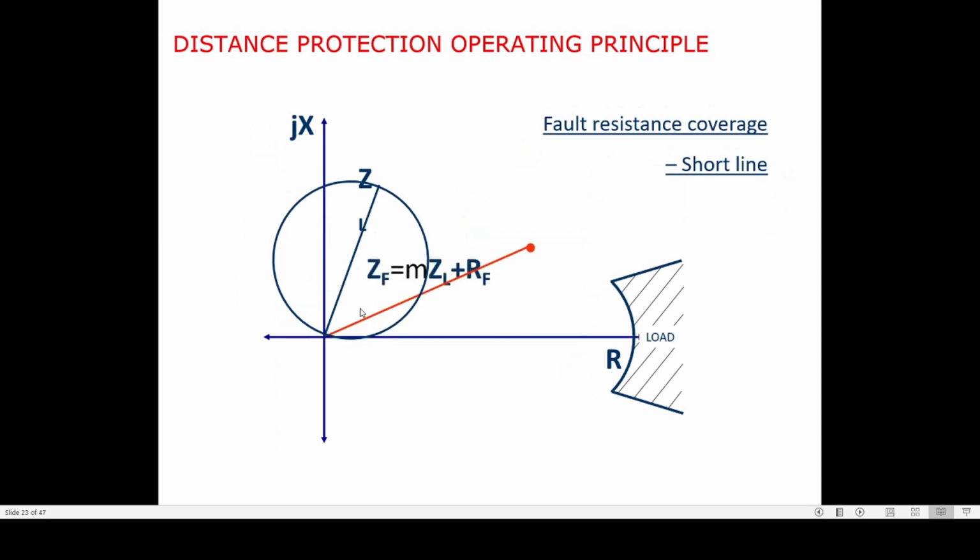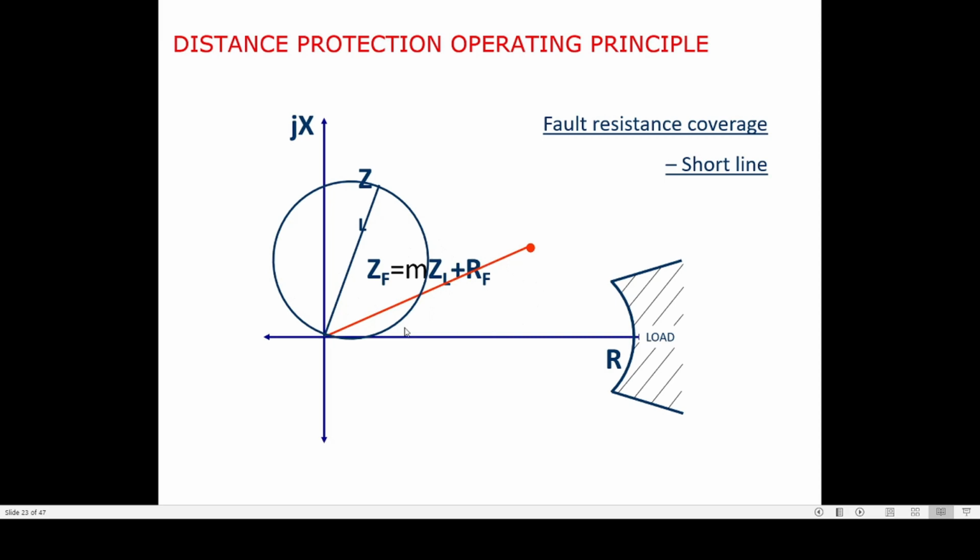In one of the conditions it might happen, suppose this line is very short. So if the line is short, that means this circle or this reach will be shorter. And now if you include this fault resistance, then it might happen that the impedance measured by the relay falls outside this characteristic, and that means the relay might not operate correctly in the presence of fault resistance.